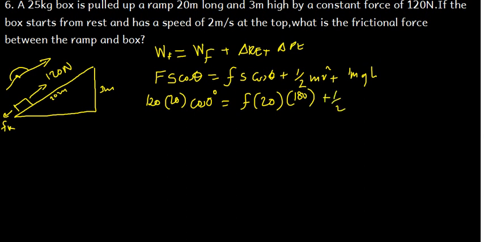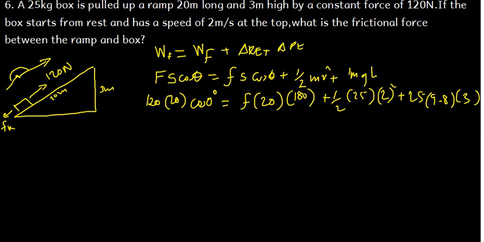The mass of this object is 25, the velocity is 2 squared. Okay, and then plus the mass again is 25, g is 9.8, the height of the ramp is 3. Okay, so that is what we have.